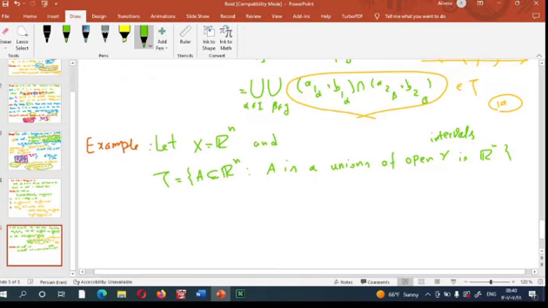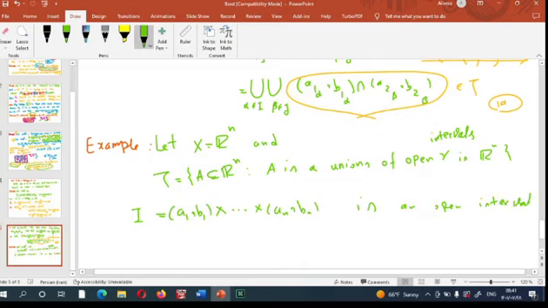These two sets are equal, balls or open intervals. But an open interval in Rn has this form. This is an open interval in Rn.